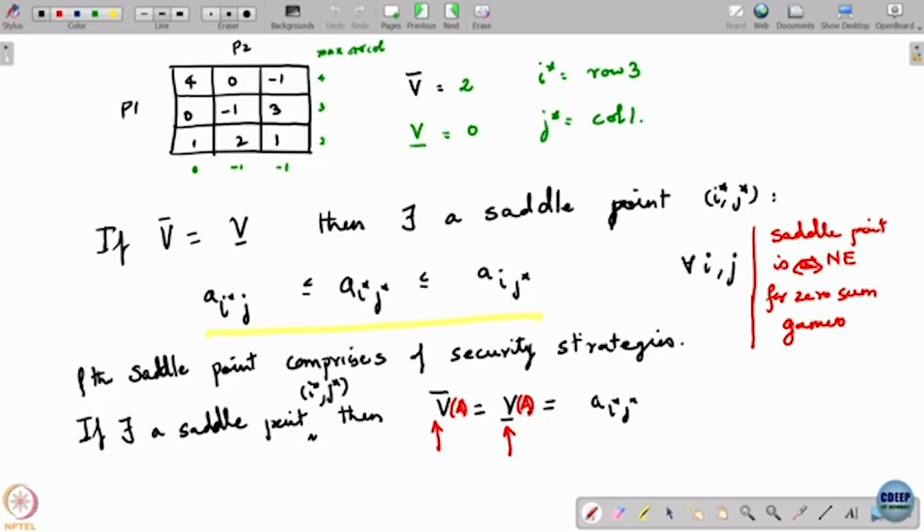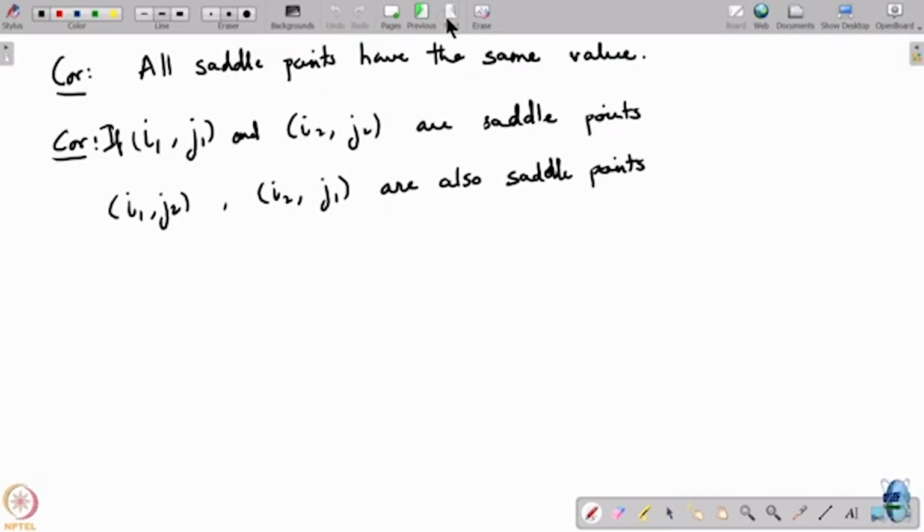Conversely, if a saddle point exists, then V1 equals V2, and the saddle point is comprised of security strategies. Any pair of security strategies has to be a saddle point, because security strategies give you V upper bar and V lower bar. So if I1 J1 and I2 J2 are saddle points, then so are I2 J1 and I1 J2.